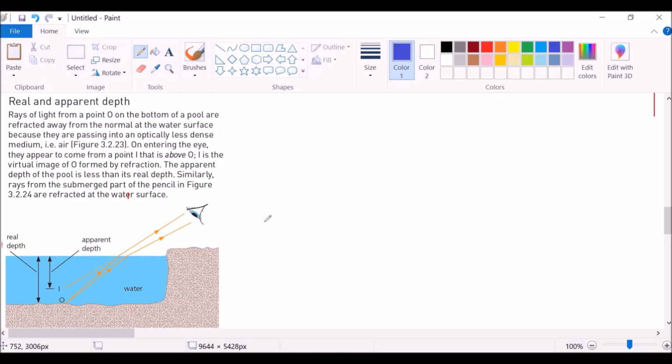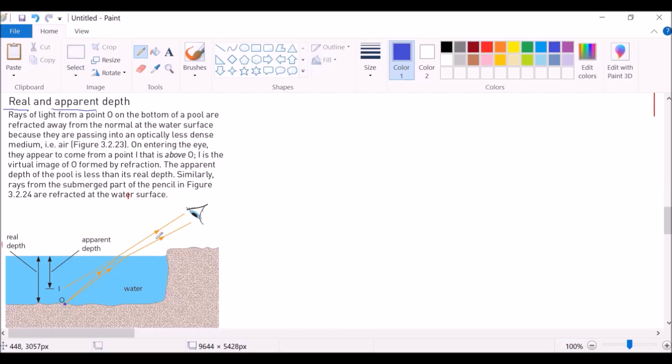So in nature, where do we experience refraction? Let's look at this concept of real and apparent depth. When we are viewing objects underwater, let's say in a pool, they appear to be closer than they really are. An object at the bottom of the pool here will cast incident rays on the surface of the pool.